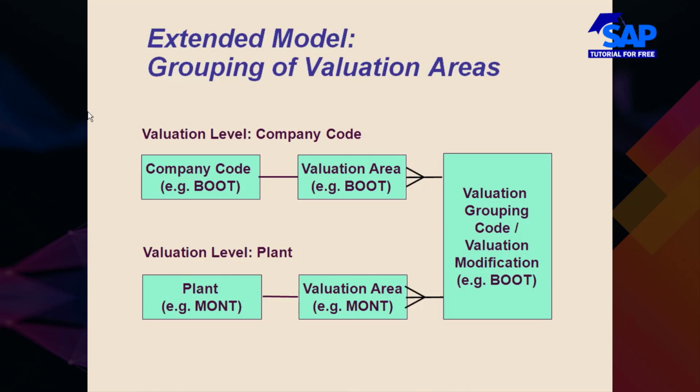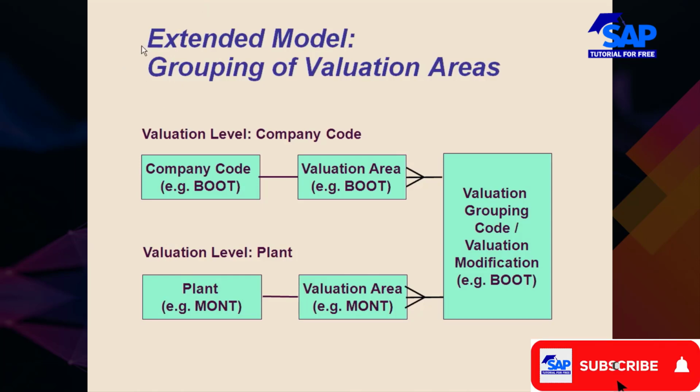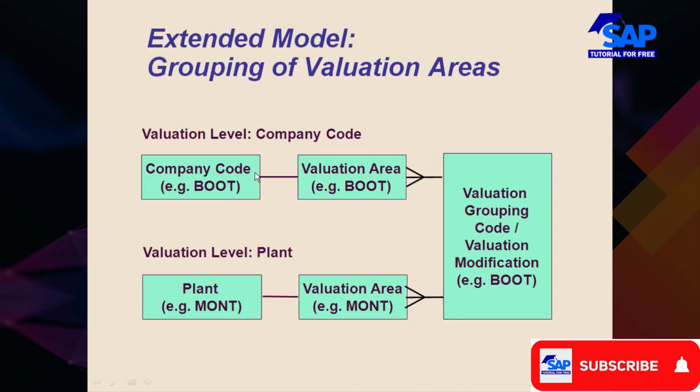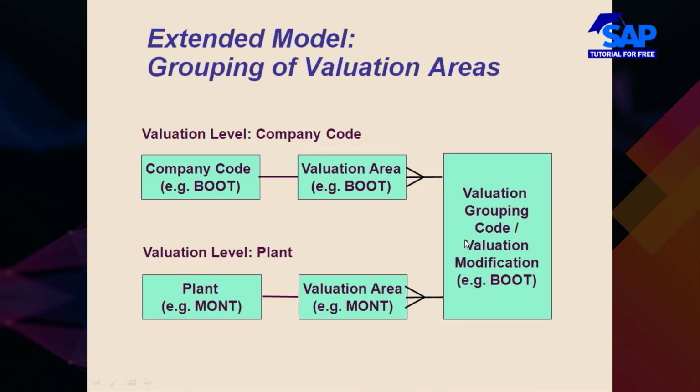If you maintain valuation area at company code level, as you can see here, the company code, the plant. So if you are maintaining valuation level as company code, you will be assigning a valuation grouping code to the company. If you are maintaining valuation level as plant, as we did yesterday, NISN is the valuation grouping code which I assigned to my plant.